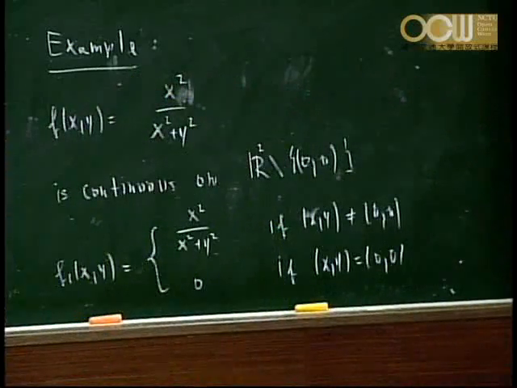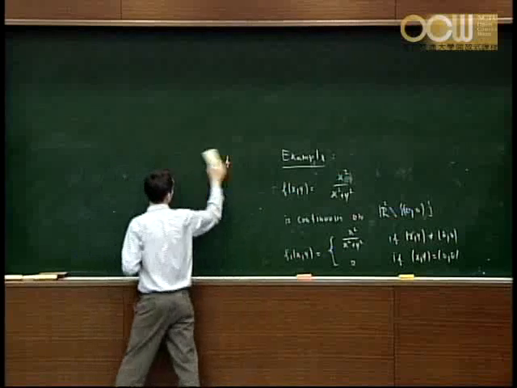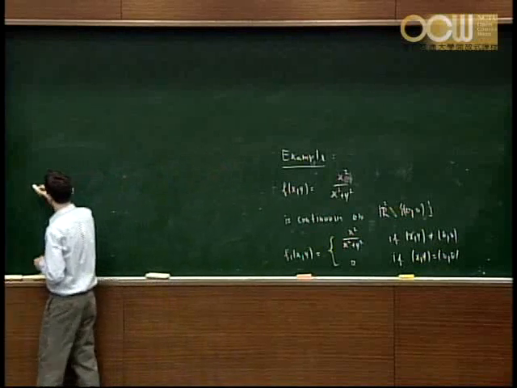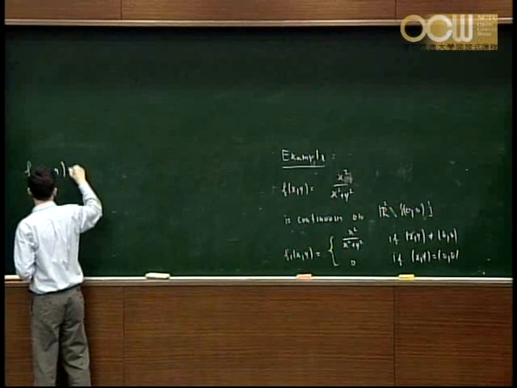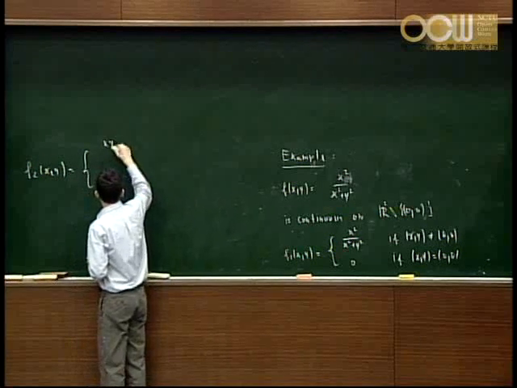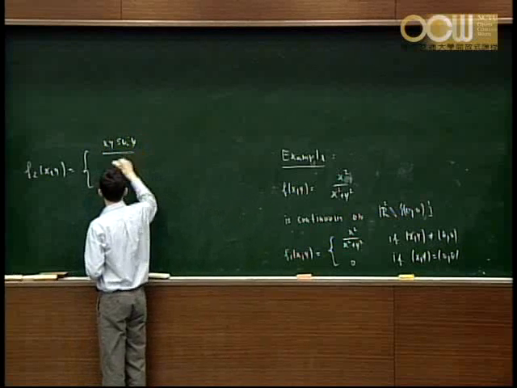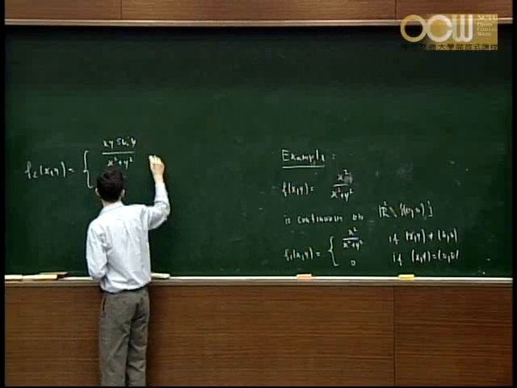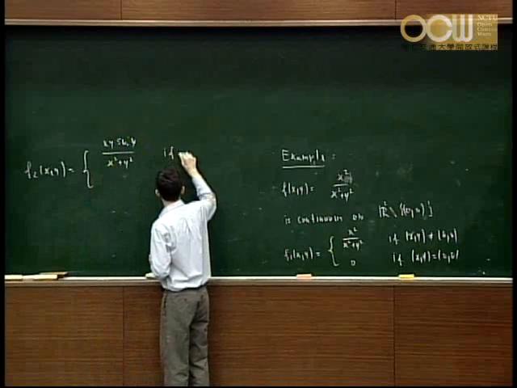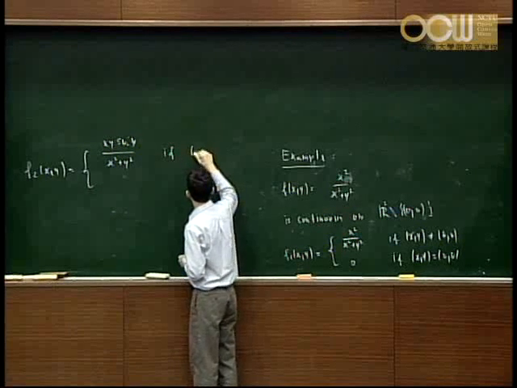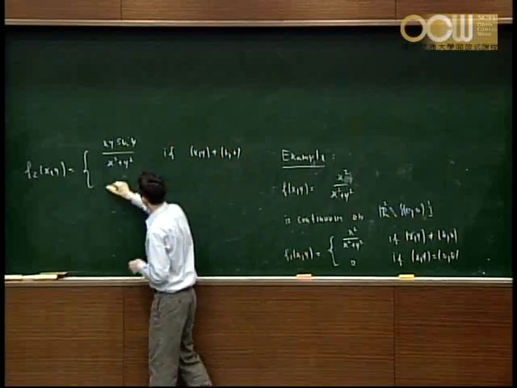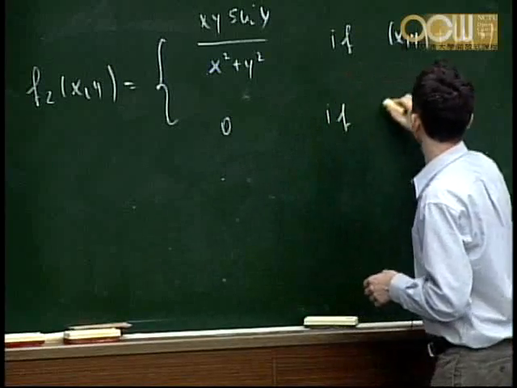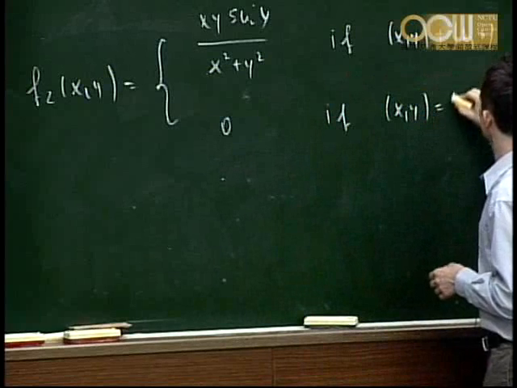Another example would be this function which we just saw before, with the value of sine y times x over ... if (x,y) is not equal to (0,0), and 0 if (x,y) is equal to (0,0).